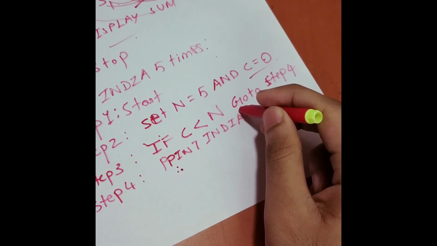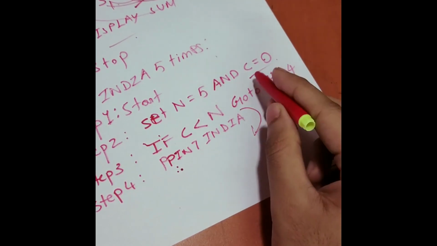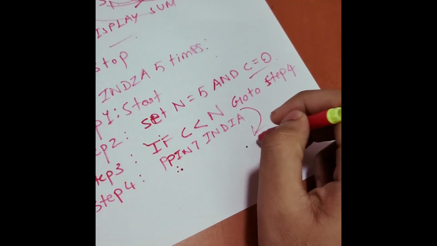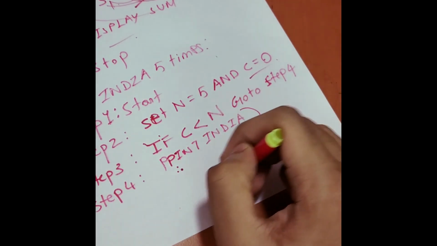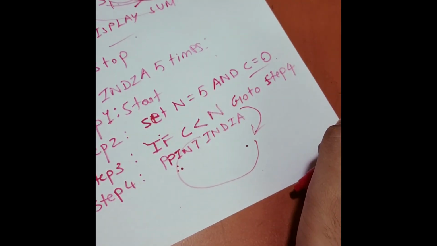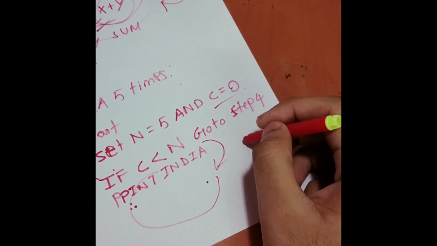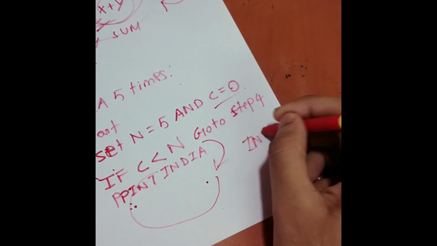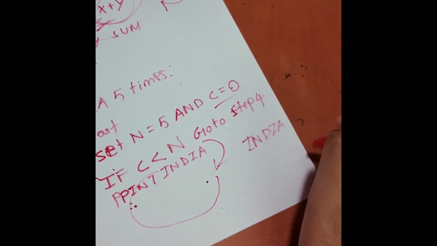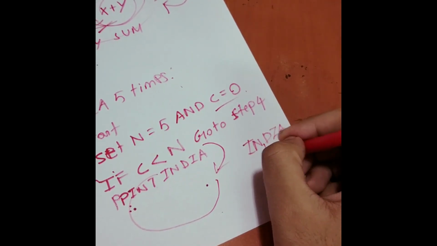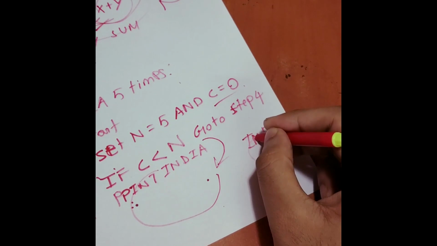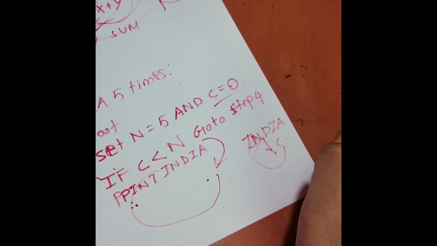Then C should be incremented. Then the loop should go back. Firstly, when C is equal to 0, India should be printed. Then C should be incremented. Then the loop should again go back.